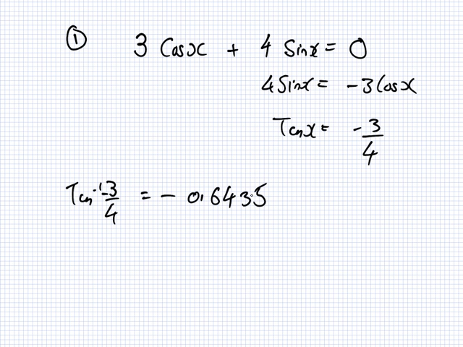And then how do we get the second answer for tan? Plus pi. So if you add pi onto this, what do we get? 2.498.